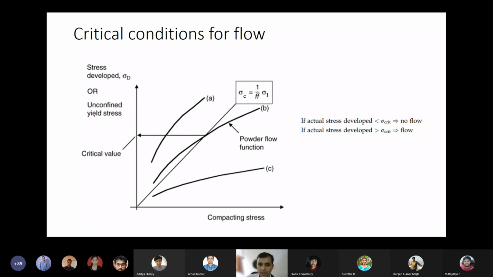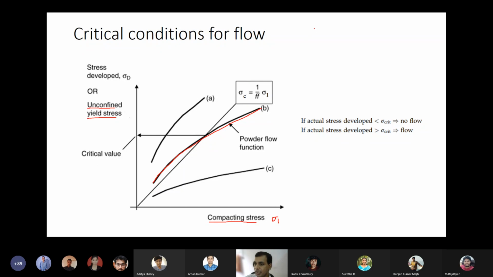We have the unconfined yield stress, and we have the compacting stress, sigma c and sigma 1. Let's say this is the flowability, the flow function.